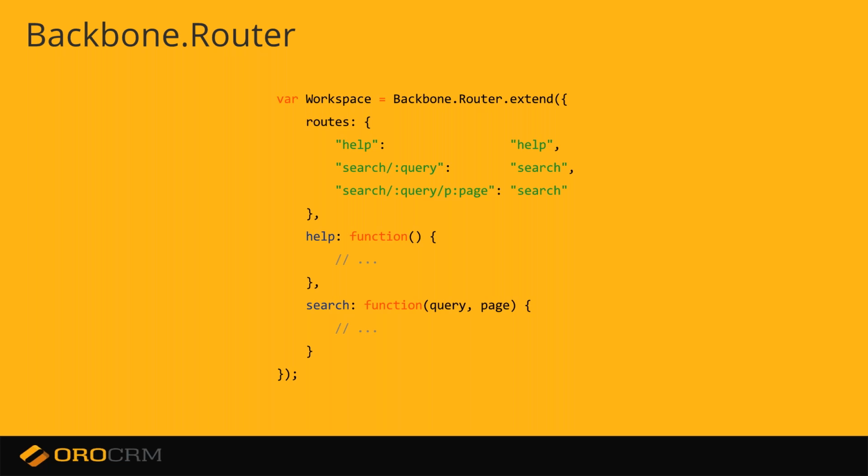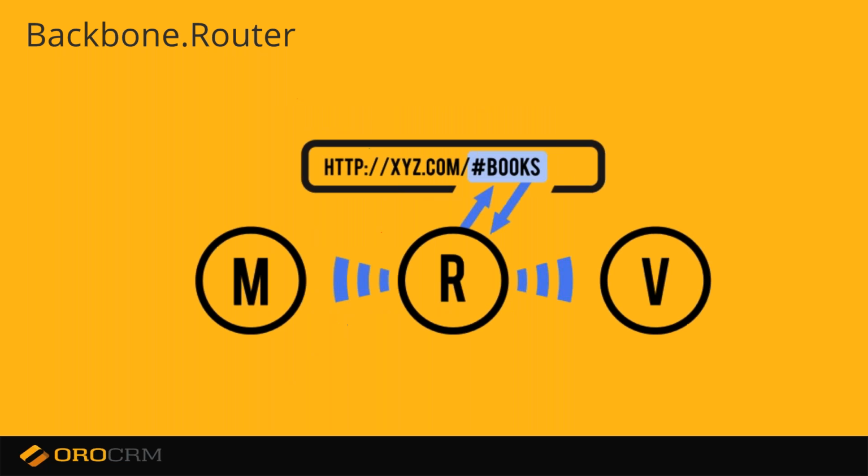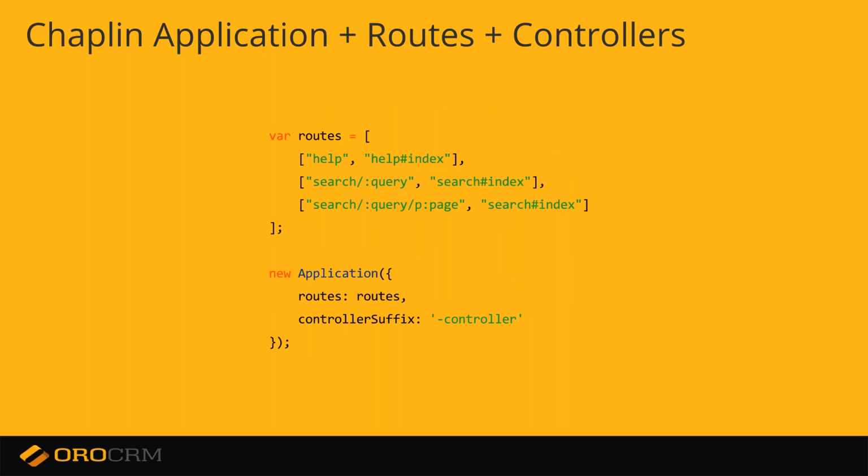Backbone proposes to create a map of URL masks and define a method for each of them. The method will be executed with router parameters once a new URL matches the pattern. And the route method is responsible for creating all views and models used on a page.